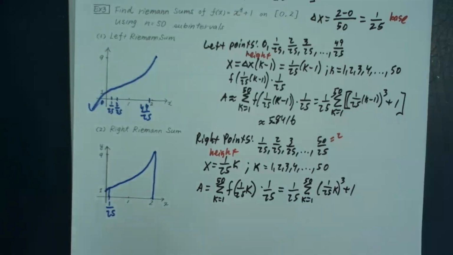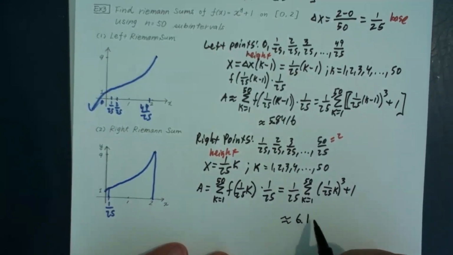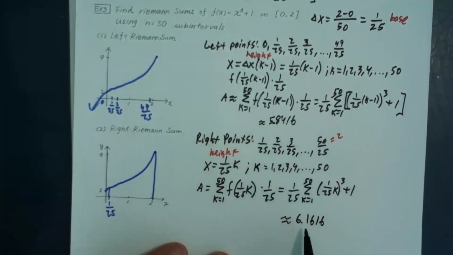And without writing the whole thing out again, like I did a few minutes ago, this becomes 6.1616. And you can see we could take the average of those two and get something a little bit better. But, you know, so let's do the midpoint now.